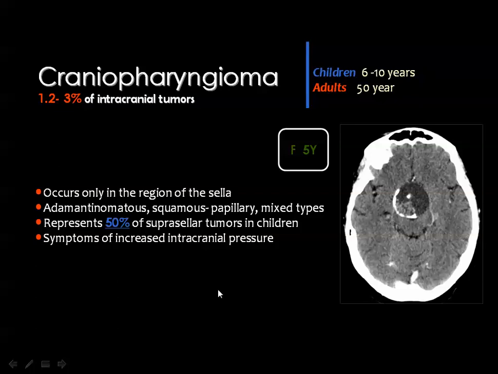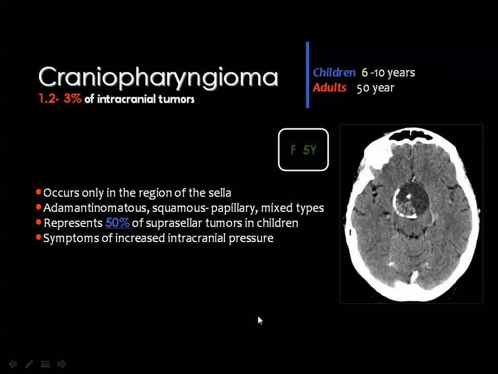Starting with lesions arising in the pediatric age group, we have the craniopharyngioma and the hypothalamic glioma. Craniopharyngioma represents up to 3% of intracranial tumors. It has two peaks, one in the pediatric age group from 6 to 10 years, and another peak in the adult group about the age of 50 years.